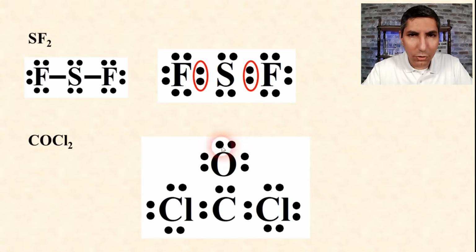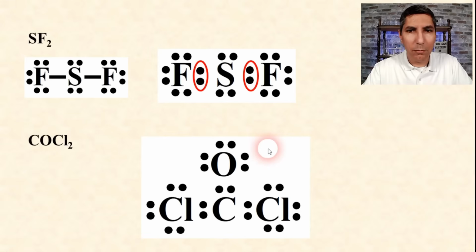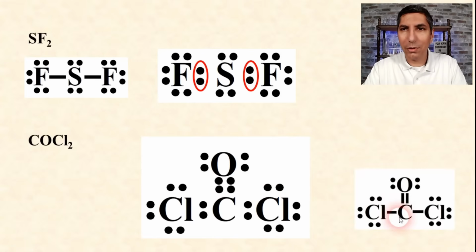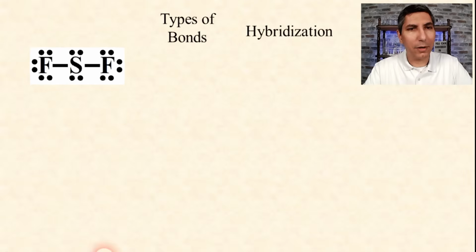So I think I'll take these 2 dots on top of oxygen and move those down like that, and now everything has 8. And so what I have here is 2 single bonds between the carbon and chlorines, but I have a double bond between carbon and oxygen. So when I draw the structure, it's going to look like this. So we have a good example with a double bond there.